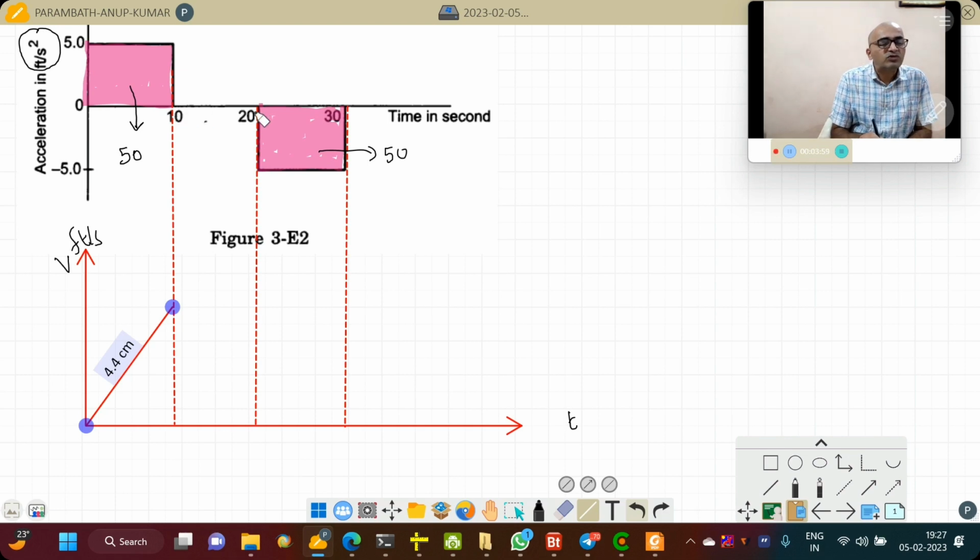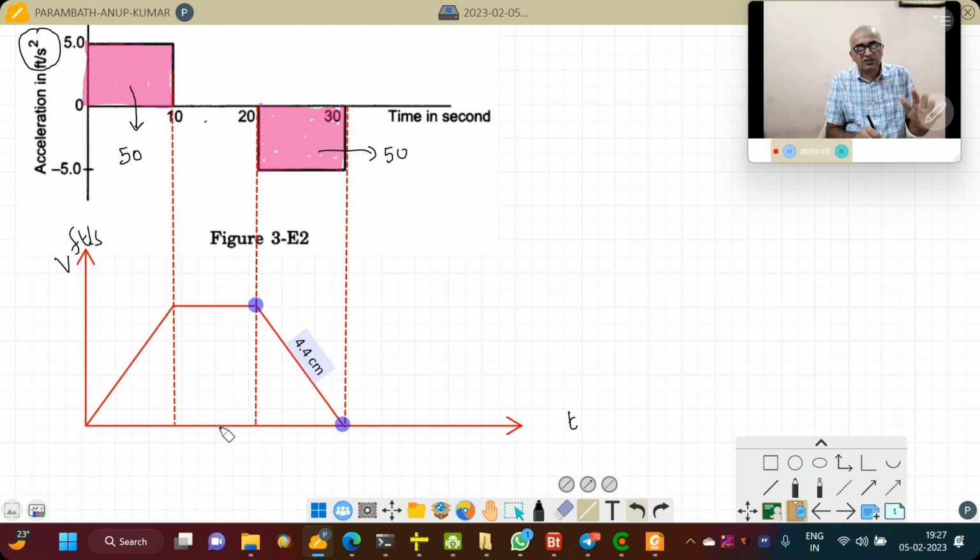After that, from 10 to 20, there is no acceleration. Therefore, the velocity will not change and it will remain the same. Therefore, I can draw a straight line like this. After that, from 20 to 30 seconds, the velocity decreased like this. This completes the velocity time graph, students.